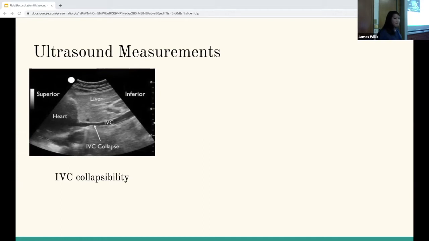Otherwise, maybe not. So that's a limitation. Of note, this is a single picture that you can take, and you can say, at this point, this is a snapshot of their fluid status.